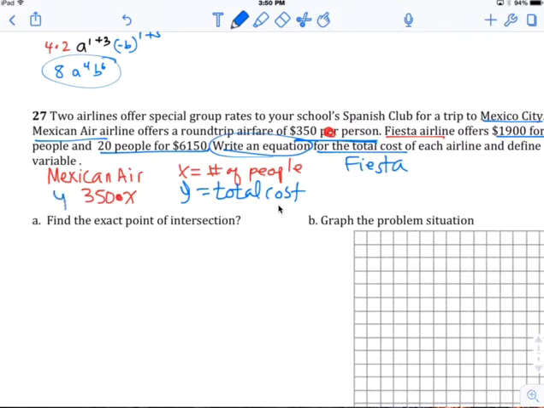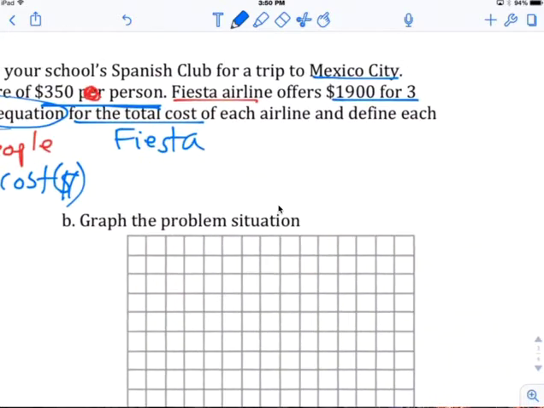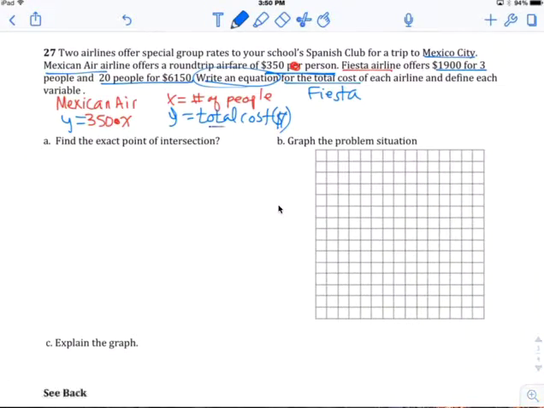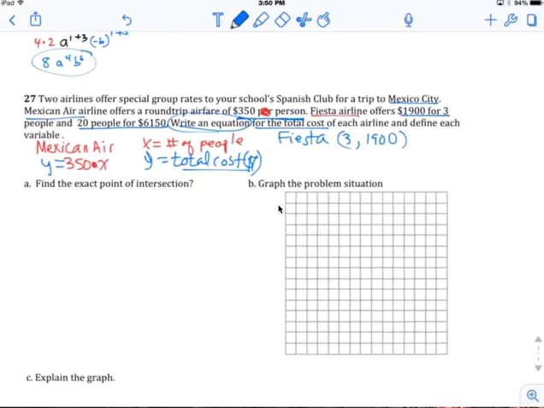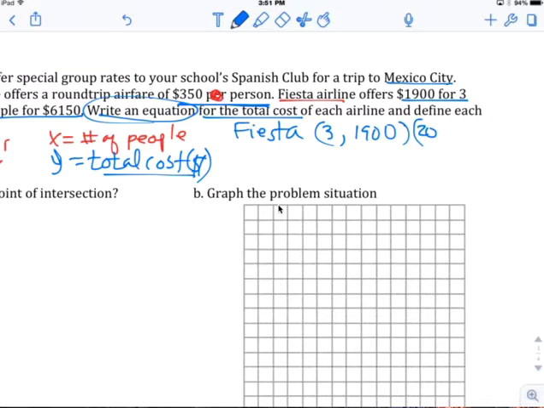Okay, so Y equals, in dollars. Fiesta, dollar amount is always Y. Total cost is Y, so 1,900 for 3 people, and then 20 people for $6,150.